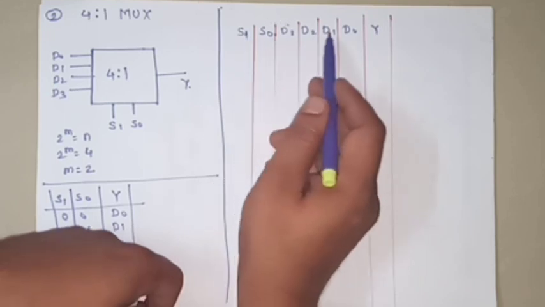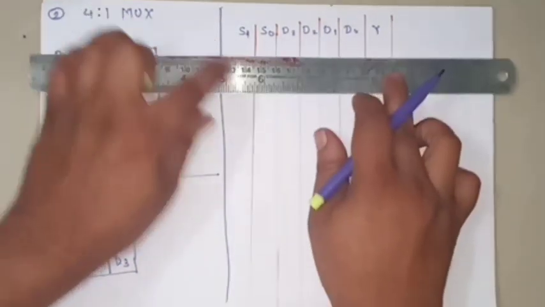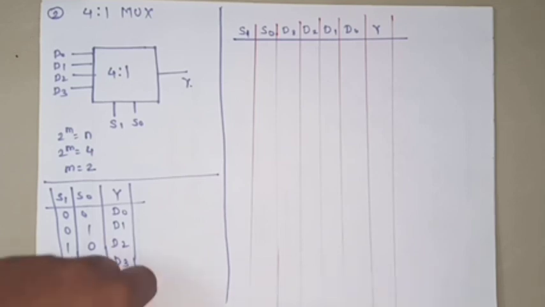If we draw the truth table for 6 variables, we get 2 raised to 6 possible conditions, which is too many cases. It is not possible to write all those combinations here, so I will draw the truth table in a different manner.